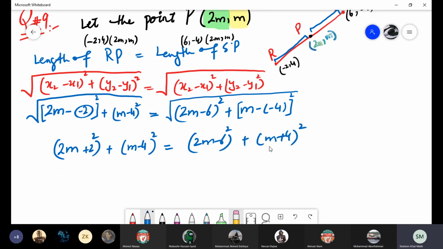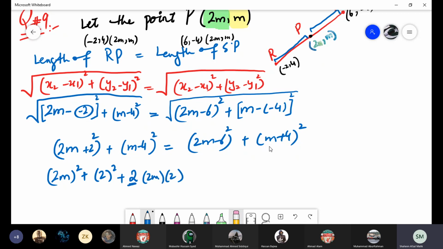See, here we have identities in all these four situations. So the a plus b and a minus b identities I'm going to use, as I explained just now, that's why I'm opening it. So it will be 2m square plus 2 square minus 2 times the first value and second value.